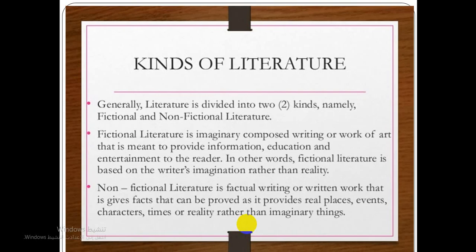Kinds of literature. Okay, what are the kinds of literature? We have two kinds of literature, which are fictional and non-fictional. So, generally literature is divided into two kinds, fictional and non-fictional. Fictional literature is imaginary composed writing or work of art that is meant to provide information, education, and entertainment to the reader.